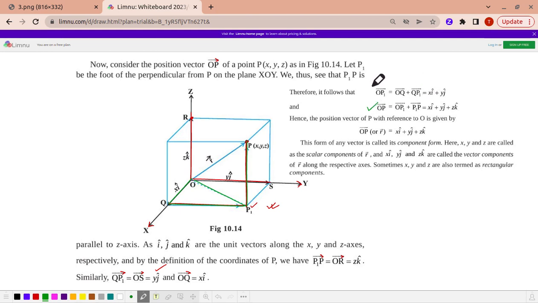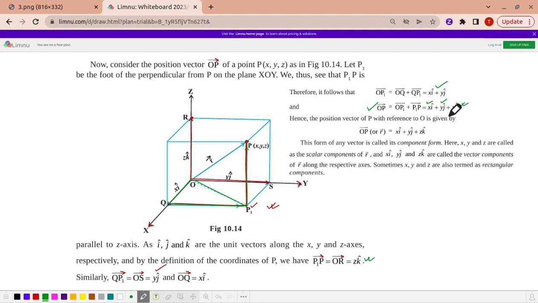So we get OP1 is equal to xi cap plus yj cap. Now what is OP? OP is equal to OP1 plus P1P. OP1 we have just learned, it is xi cap plus yj cap, and P1P we have derived earlier, that is equal to zk cap.